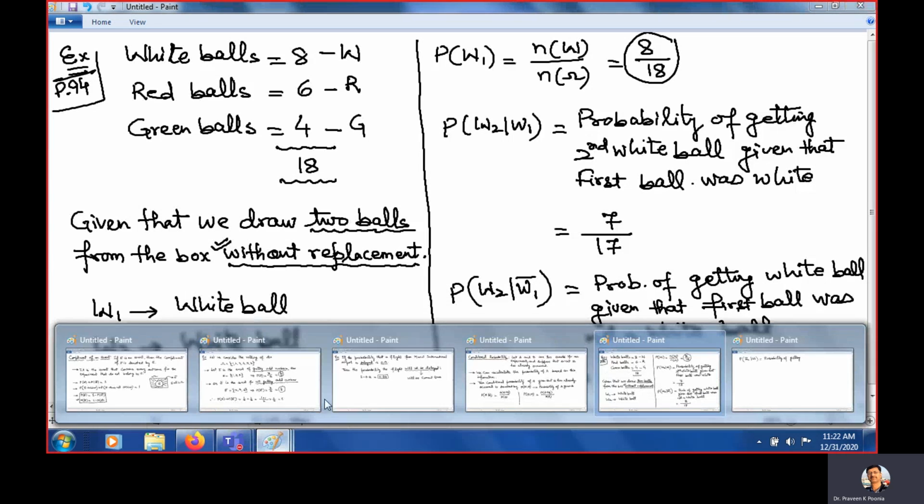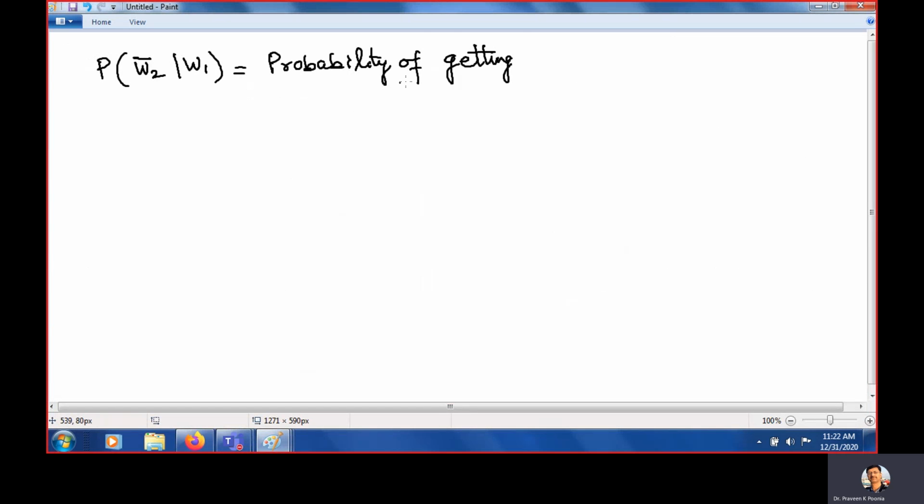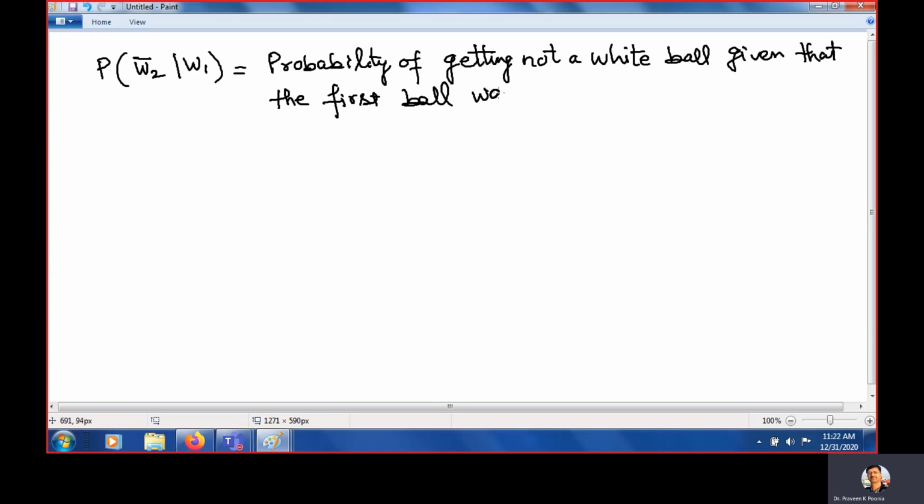W2 bar means probability of getting not a white ball. And what is given? Given that W1. W1 means white ball, given that the first ball was white. Because the first ball has already been drawn, the denominator will be 17.